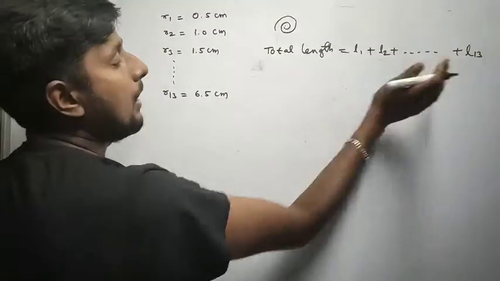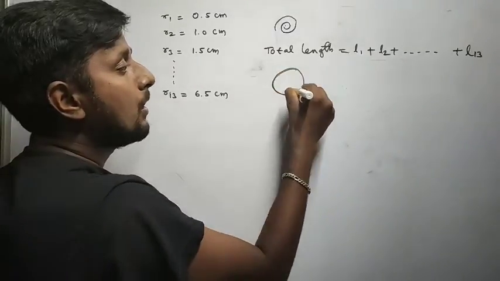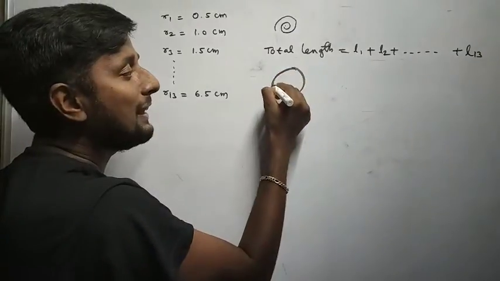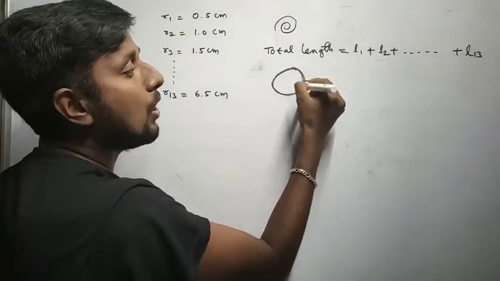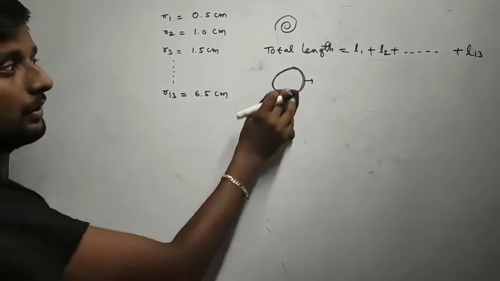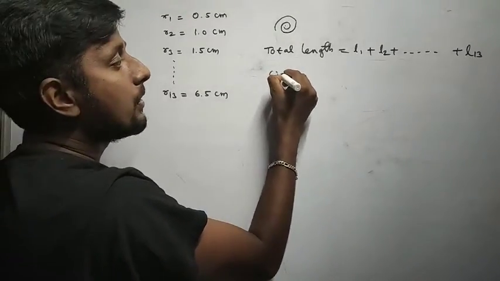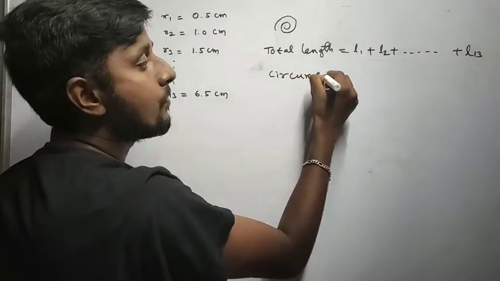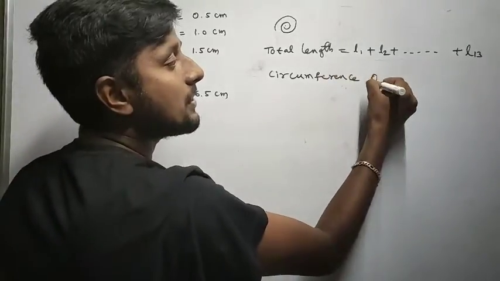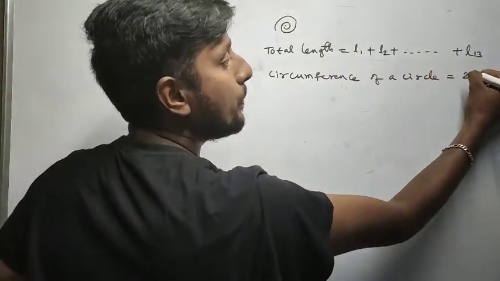Now what I want to say is, if you take a circle and want to find the length of the boundary, it is called the circumference of the circle. The circumference of a circle formula is 2 pi r.